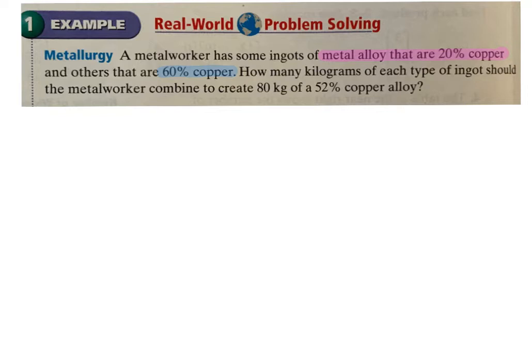Those are our 2 variables because they want to know how much of each of those he has to use. You can use X and Y, you can use whatever you want, but you have to label it. So X is going to equal my 20% copper and Y will equal my 60% copper. He wants a total of how much?